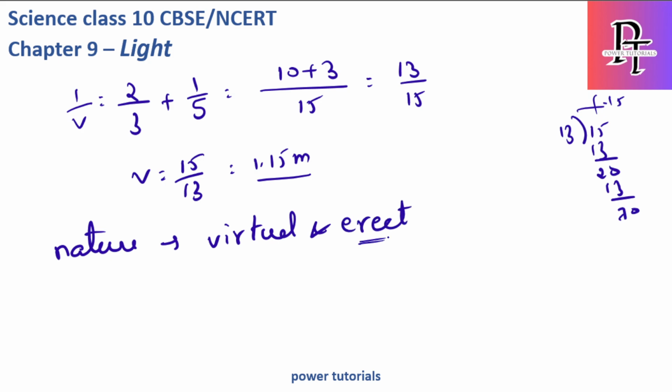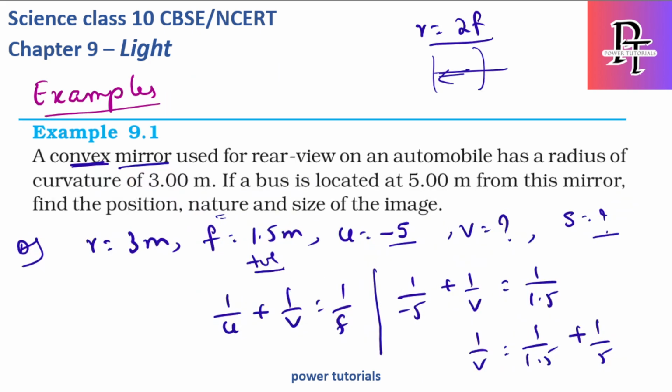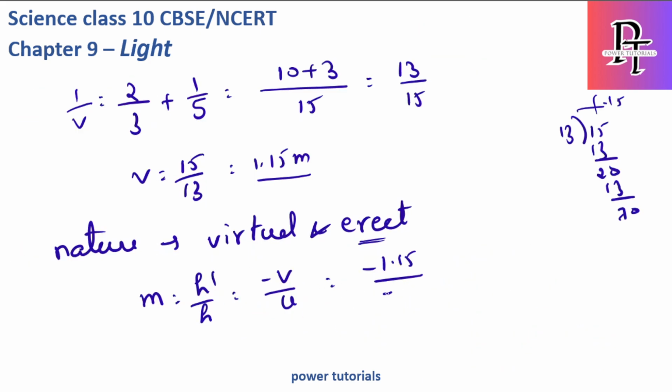Why erect? We can also confirm using our magnification formula. What is the magnification formula? We have h dash by h, or the second formula is minus V by U. So minus 1.15 by U. How much did they provide? U is 5, so minus 5. So we will get the value as positive.